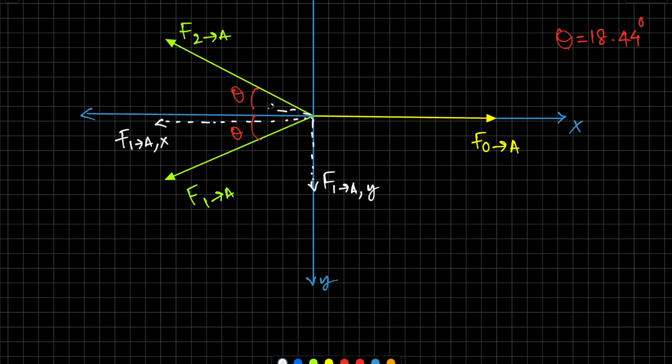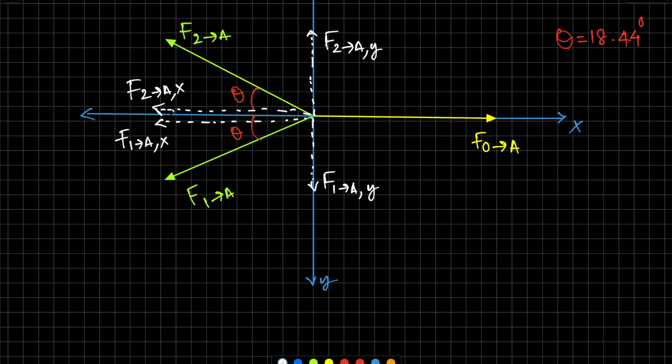This is the x component along the x-axis, F2 to A, x component. This is the y component along the y-axis, F2 to A, y. We don't need to find the components for F0 to A because it's already on the x-axis. It has no y component, it has only x component.